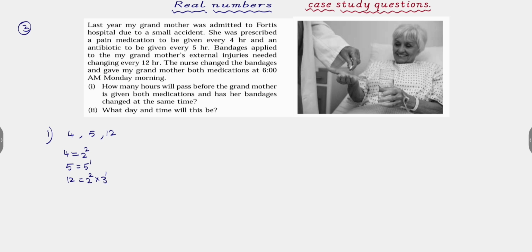So the LCM of 4, 5, 12: we write all the different prime factors in the given factorizations, 2, 3 and 5, and then their highest powers. Highest power of 2 is 2, highest power of 3 is 1, highest power of 5 is also 1. So 4 threes are 12, times 5 is 60 hours.